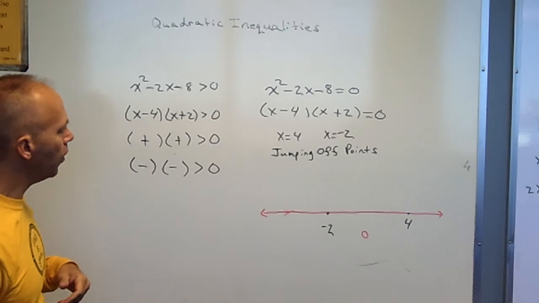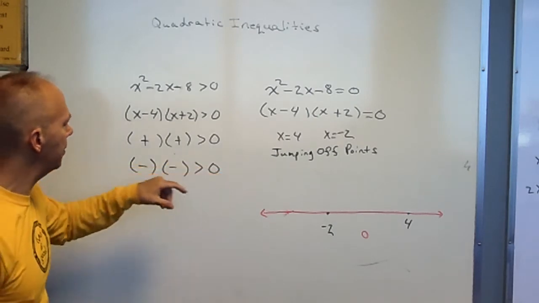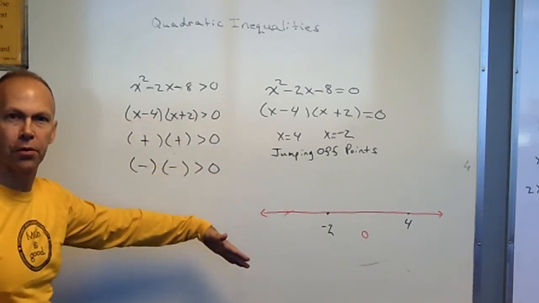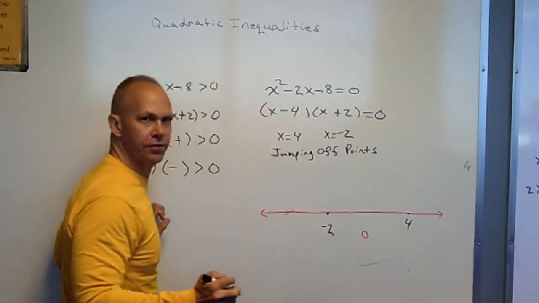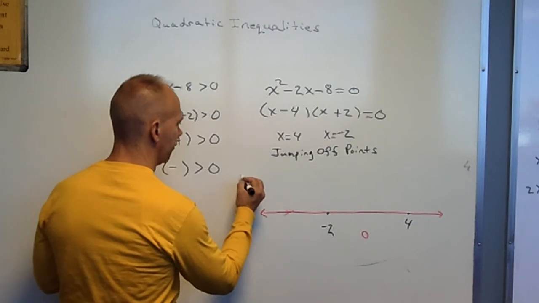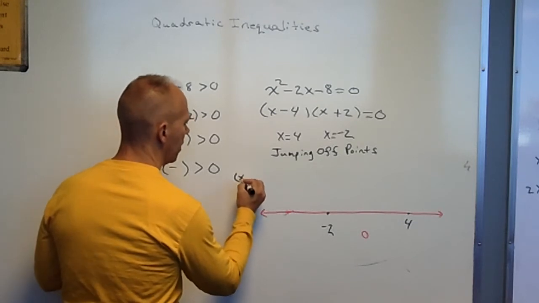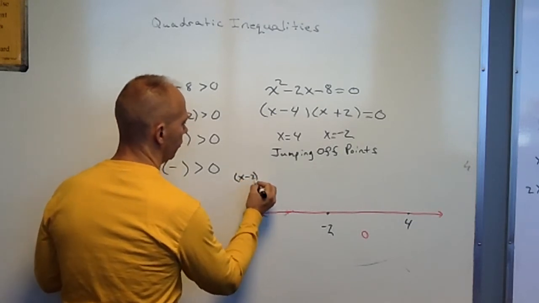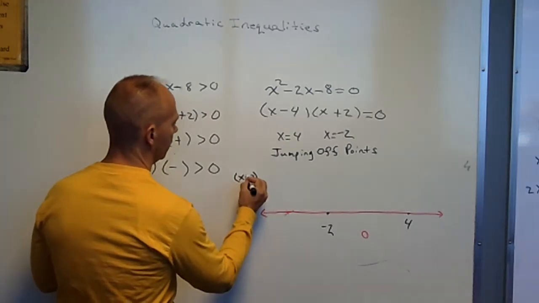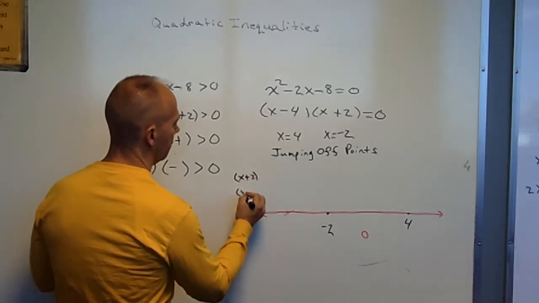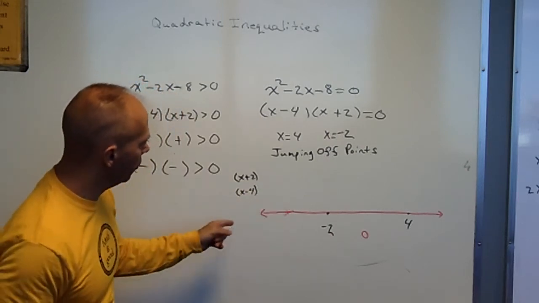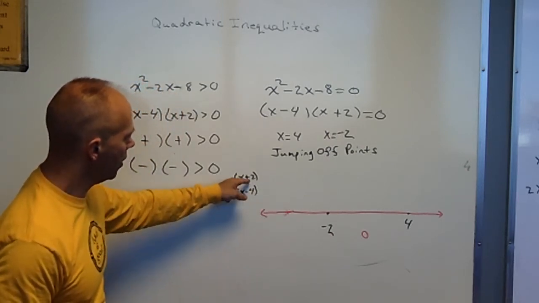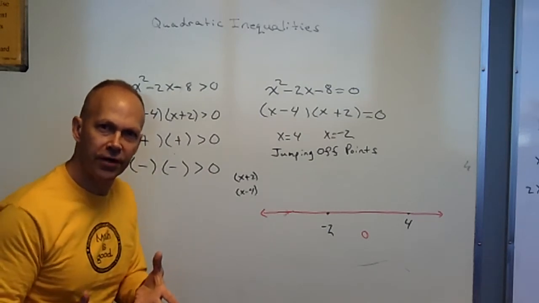Now, the most straightforward way to do this is by examining these factors on the number line. So over here on my number line where I've got my jumping off points, I'm going to put my factors. I'm going to be examining x minus 2, or excuse me, x plus 2, and I'm going to be examining x minus 4. And I just want to see where on the number line each of these factors is positive and negative.